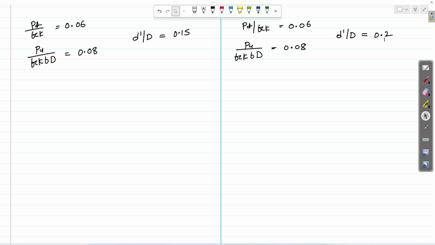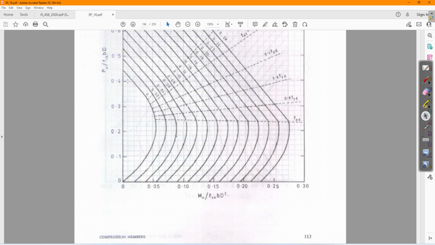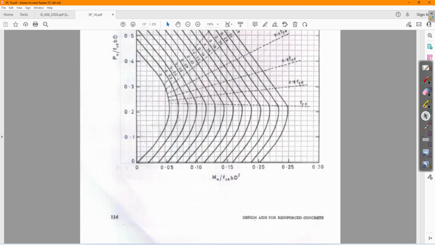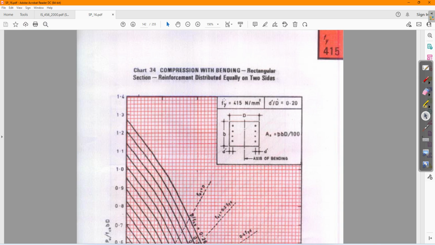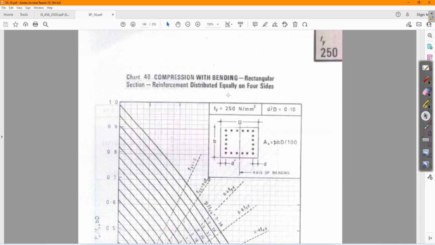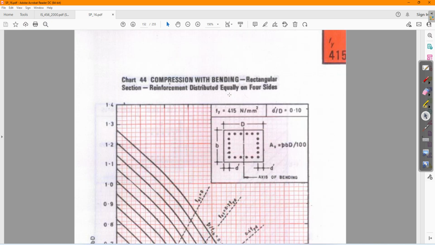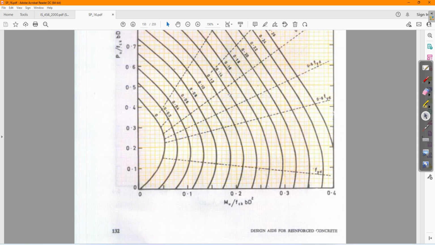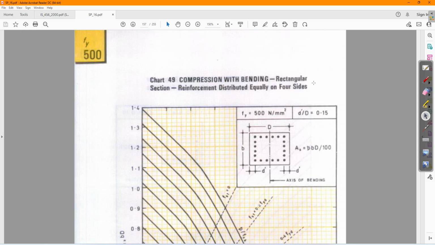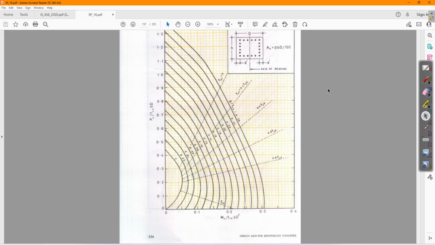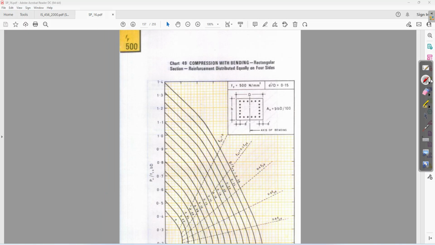Okay. So you open SP16, chart number 49. So this is the chart. So here grade of steel 500 Newton per mm square, D dash by D 0.15.